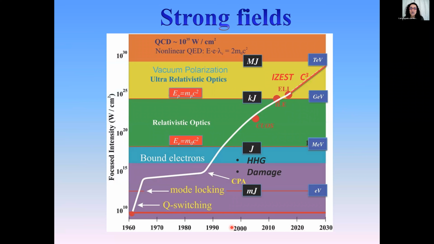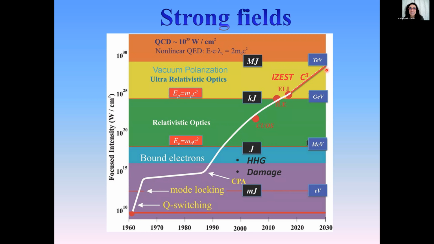When I talk about strong fields, what do I mean? I mean intensities of 10 to the 14 watts per centimeter square or higher. So this is a timeline showing you focus intensity versus time. And what you can see is that here we're talking about things that are huge, that are extreme.